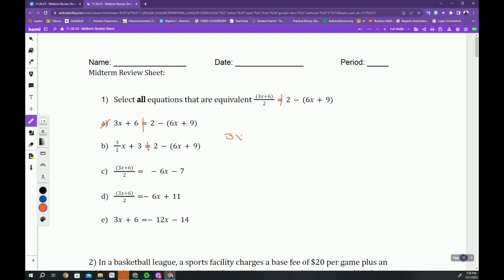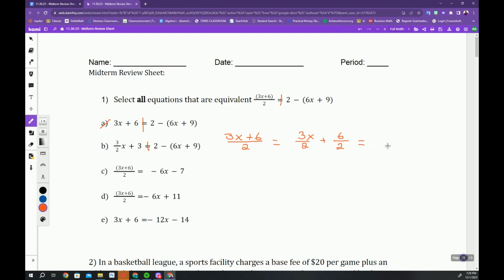If I write (3x + 6) over 2, what's happening here is that the 3x and the 6 are both being divided by 2. So we can also write this as 3x over 2 plus 6 over 2. When we look at it this way, 3 over 2, if you divide that, is going to be a decimal. But 6 over 2 is positive 3.